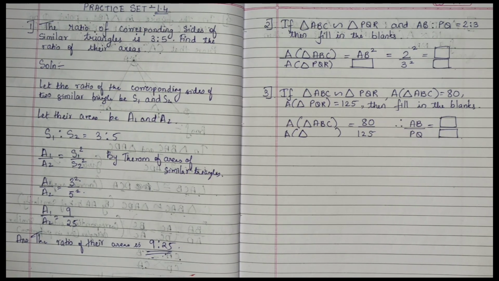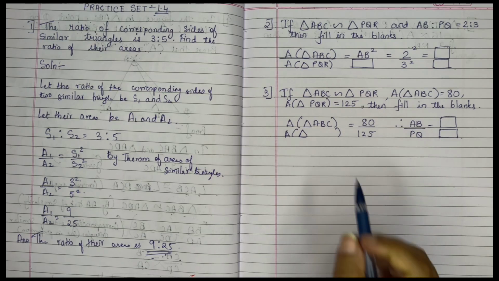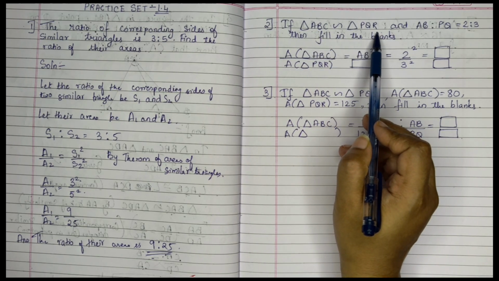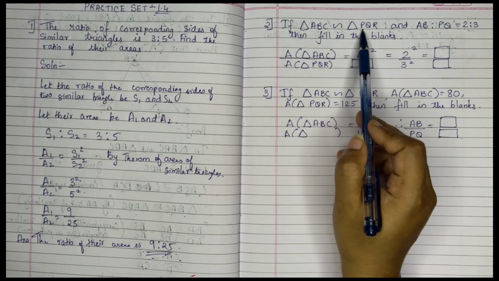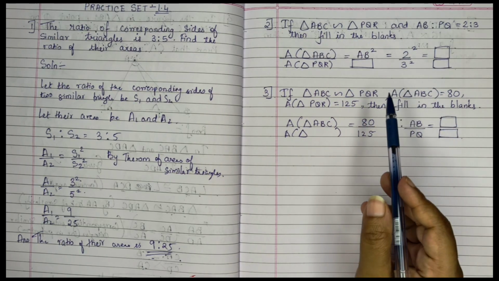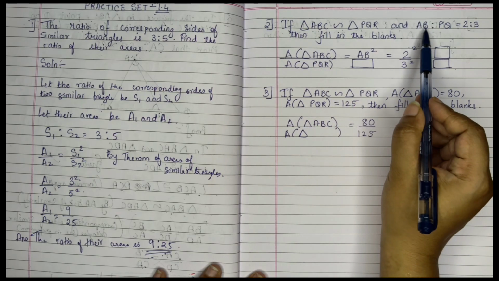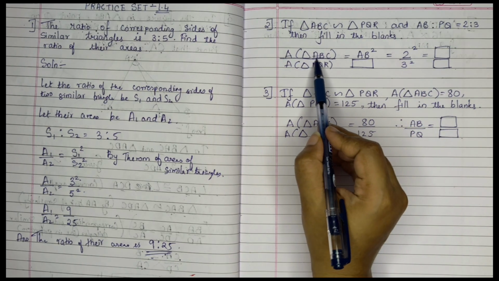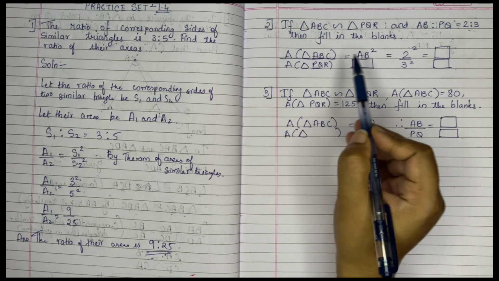Now see the second sum. Here they have told you that triangle ABC is similar to triangle PQR, and AB is to PQ is 2 is to 3. We have taken these two corresponding sides AB and PQ. So what will come here?